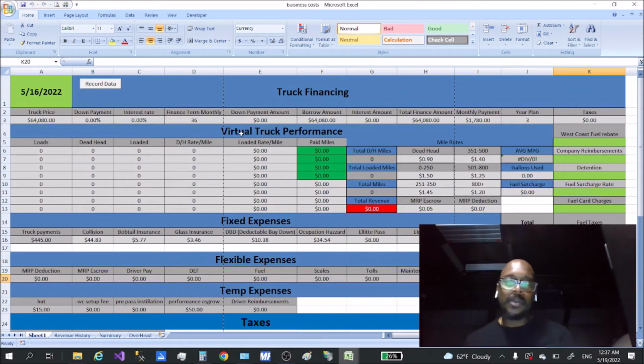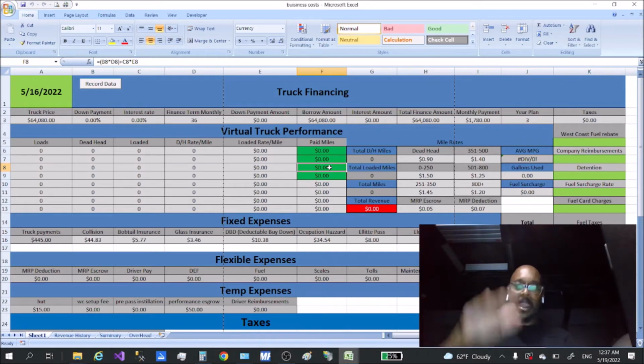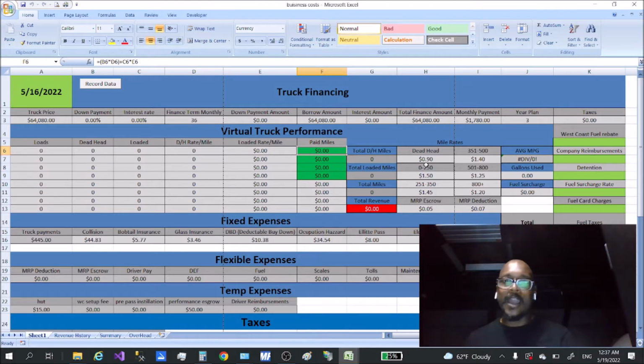Okay, and also I have formulas in here to capture the pay bracket. We get paid by miles, and depending on how many miles you run for that load, the pay bracket fluctuates. So for an example, if I have a load that I get dispatched on, and that load is a total of 250 miles, anything lesser than 250 miles, they pay me $1.50 per mile.